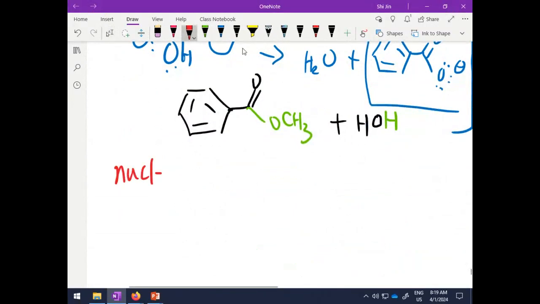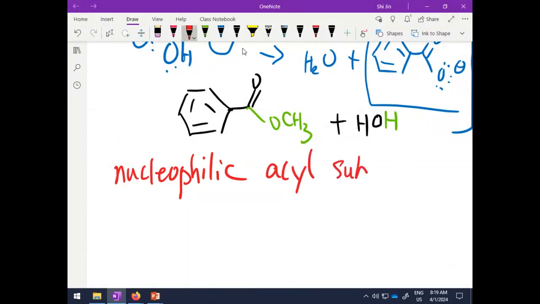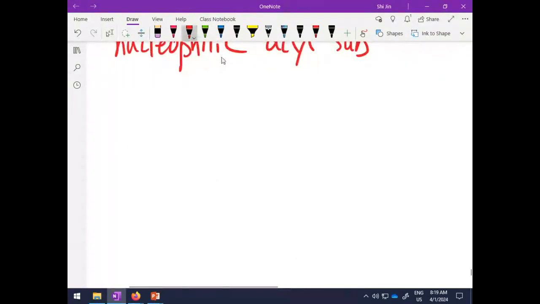So we have already seen this, nucleophilic acyl substitution reaction. And if you recall the mechanism we learned in chapter 19, I want to just refresh it. For this particular reaction, the reaction has two stages.